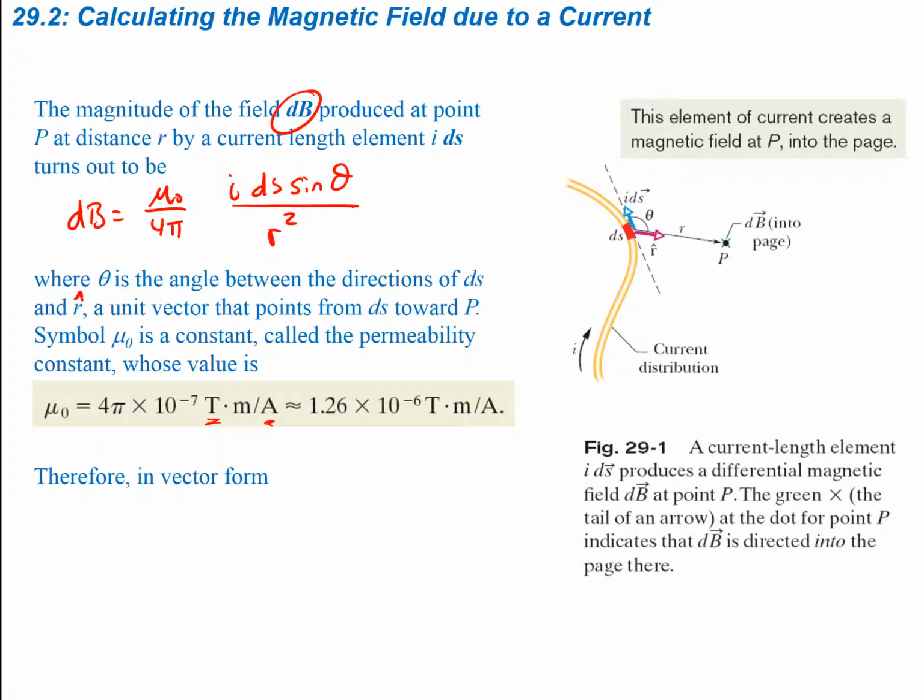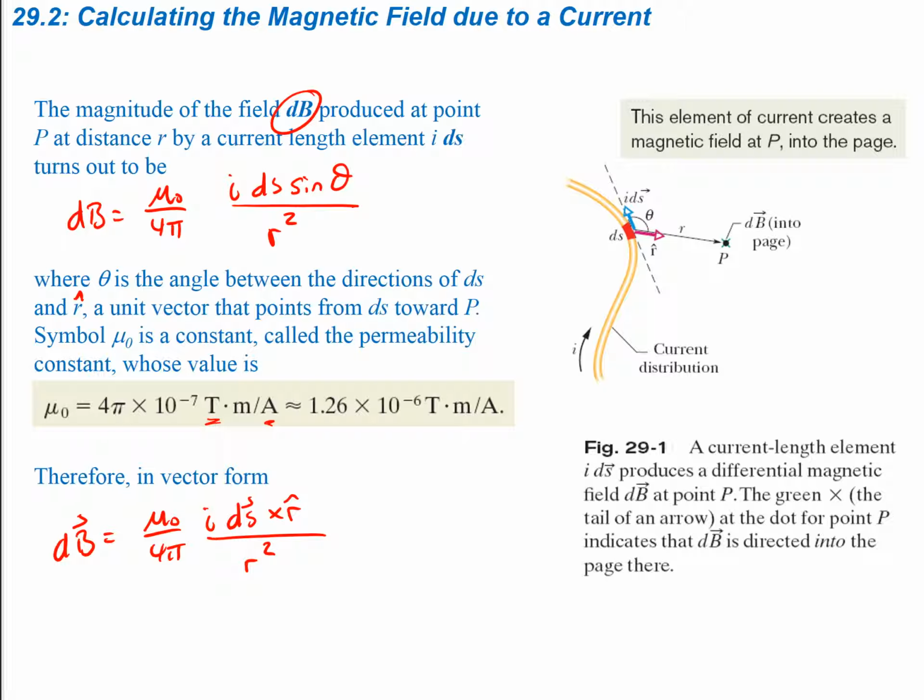Okay, so in vector form, this is going to look like dB is equal to mu naught over 4 pi, which are our constants, times the current, and then it's going to be the vector ds crossed with our unit vector r hat, which just has a value of 1, divided by r squared.